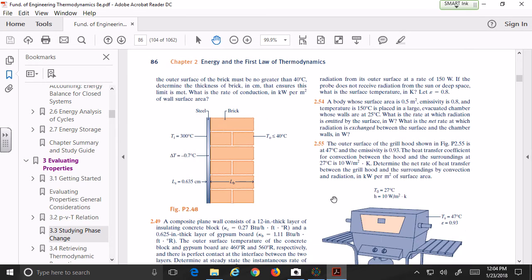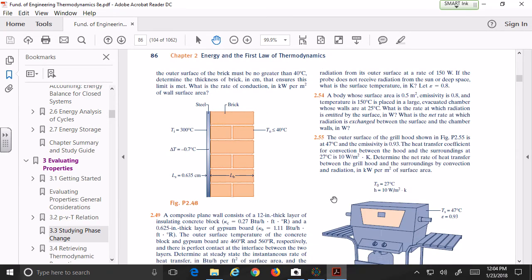Page 19. Okay, so I see one 254. Let's see what that one says. A body whose surface area is 0. So let's do that one.